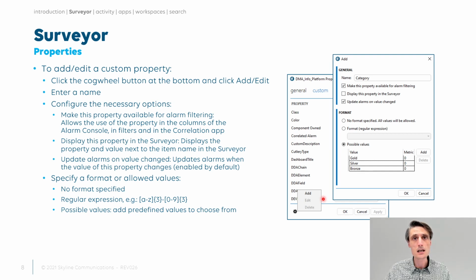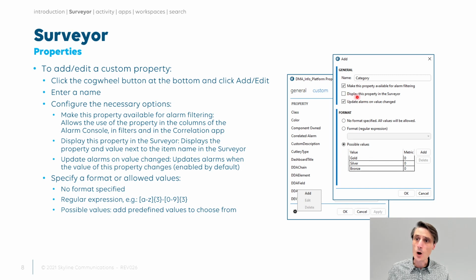That is because it makes your alarms bigger. It doesn't really have that much of an impact if you only activated it for one or two properties, but if you would do it for 50, 100 properties, then your alarm and your alarm database would grow. So only activate it when you need it, effectively in the alarming.